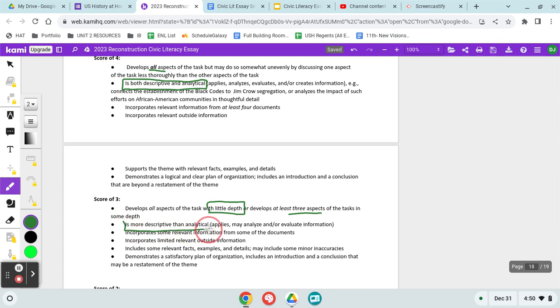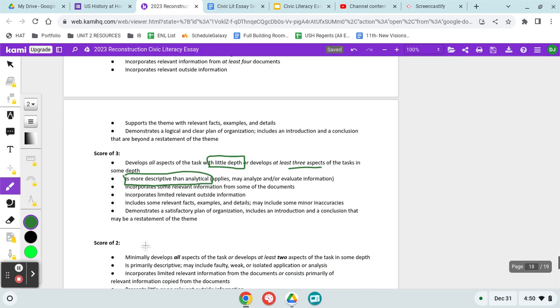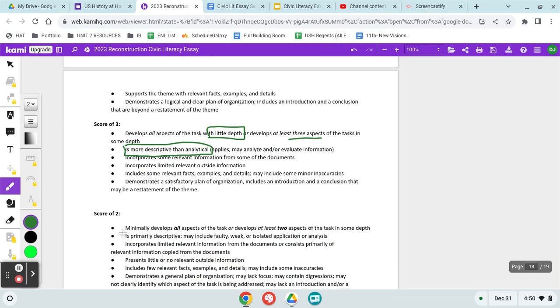And that's why we're going to have a whole portion of this video focused on breaking down descriptive or analytical and so on. You're going to notice that you can even get a 2 for doing all the things in the world, but basically just regurgitating information, basically just rewriting the documents, or just describing what you've seen, right?